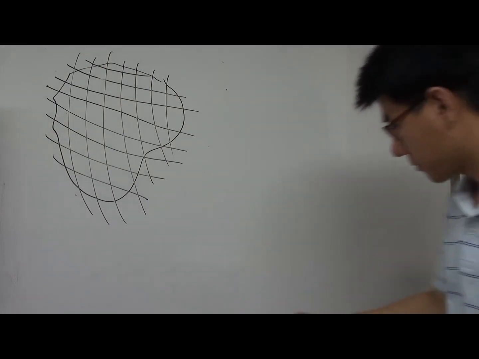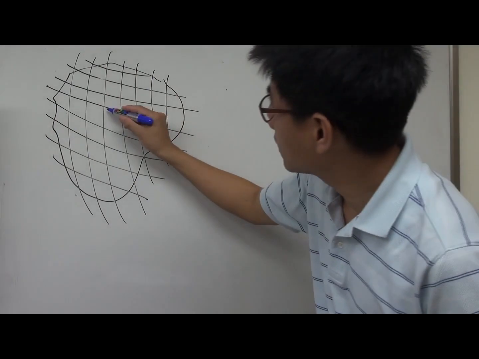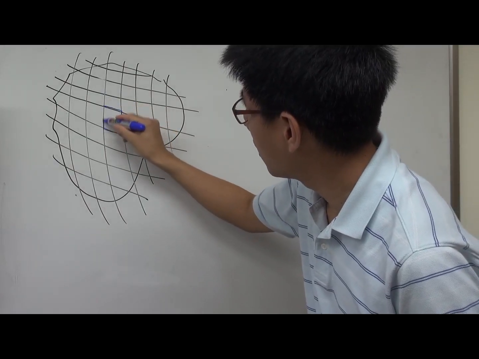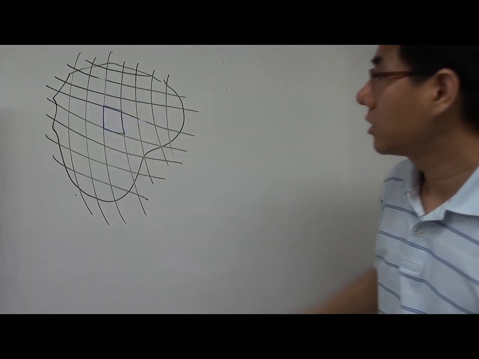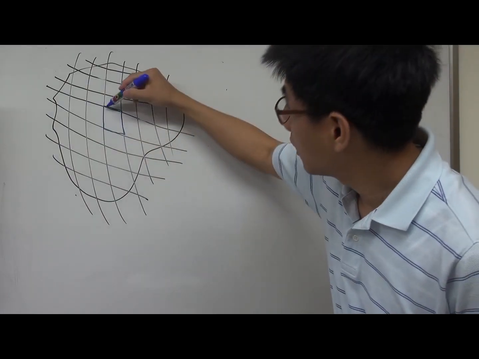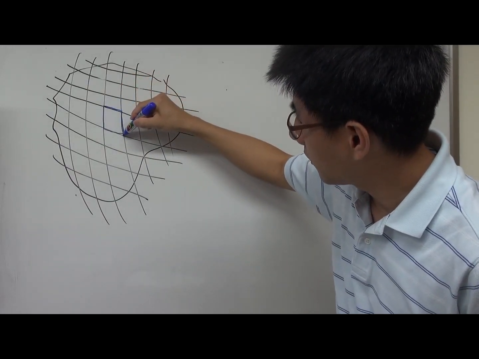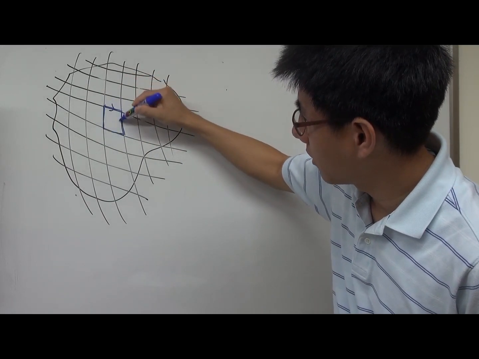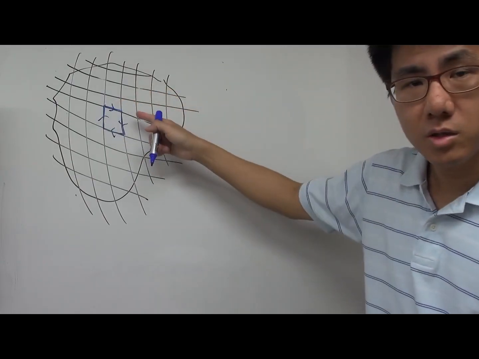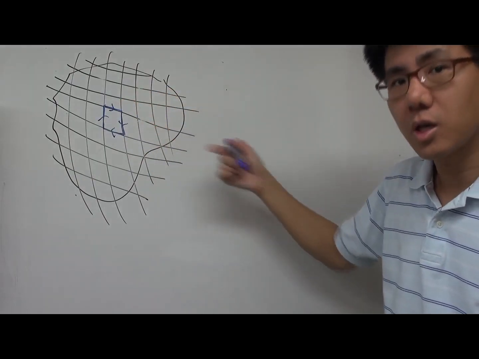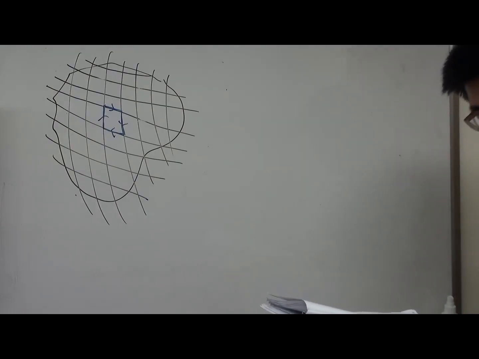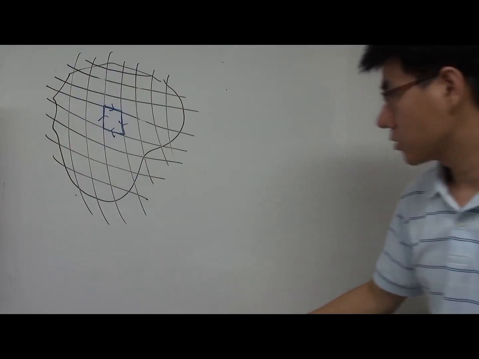And each of these small ones, isotherm, adiabat, isotherm, adiabat, which is a Carnot cycle, right?